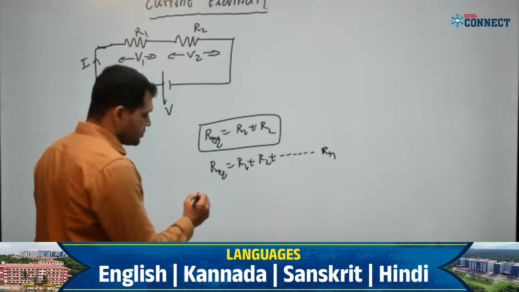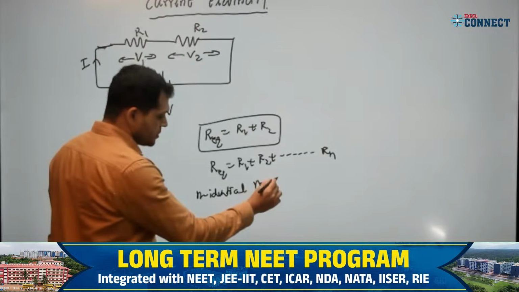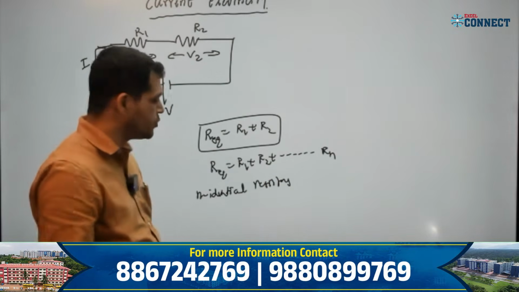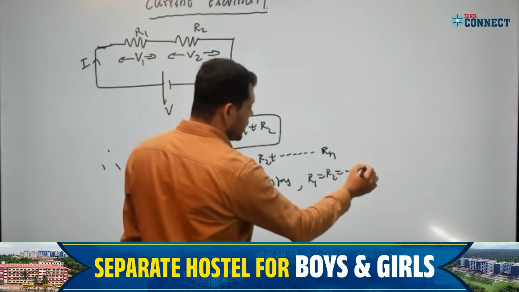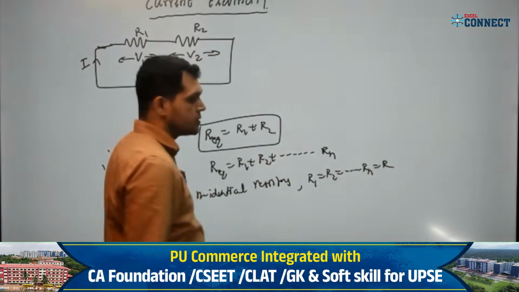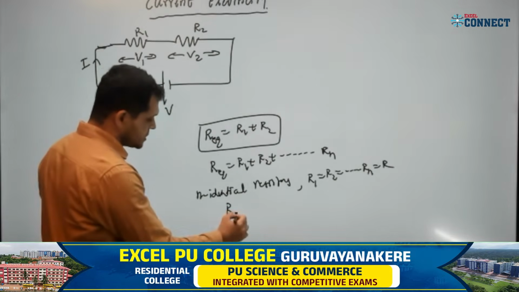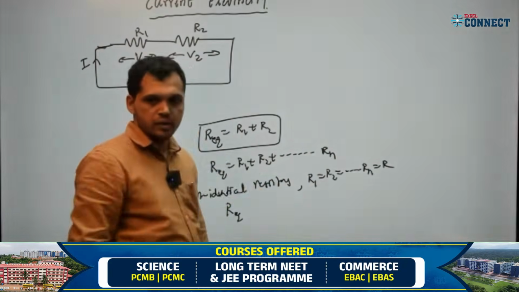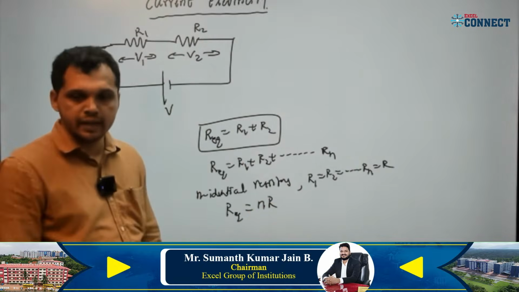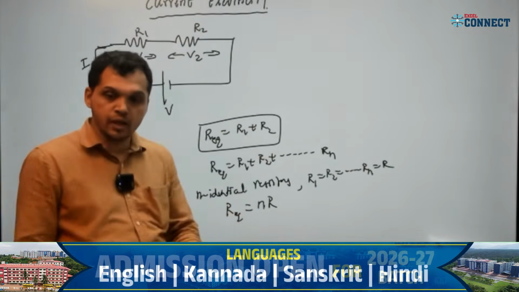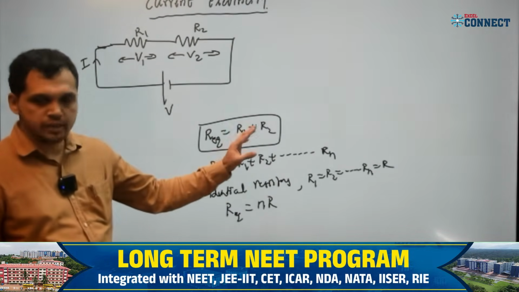For n identical resistors, if our resistors have the same value, then R1 equals R2 equals etc. Simply I will take R. If there are n resistors, R equivalent is R plus R plus R and so on, n number of R's, so the total is n times R. This concept we can use in combinations of resistors and circuit solving. Next, I am going to take parallel combinations.